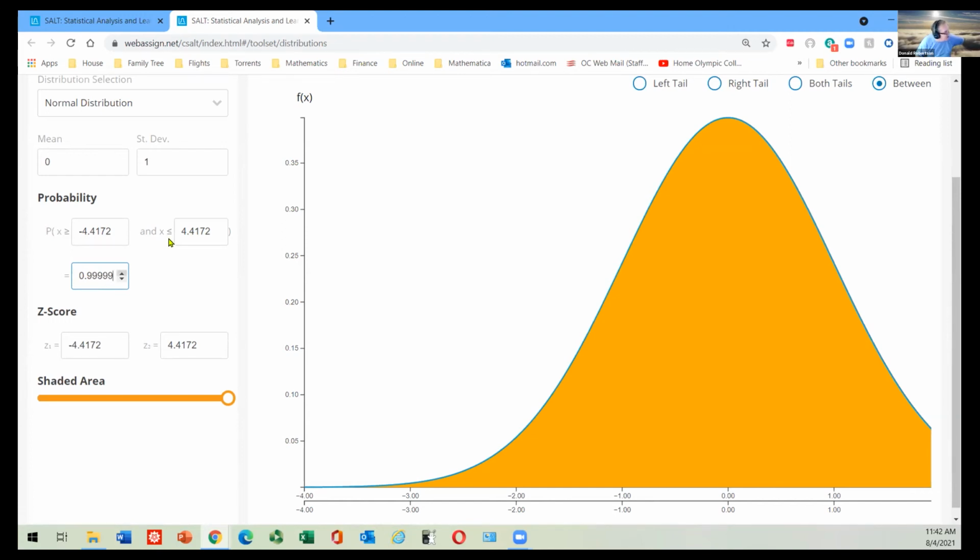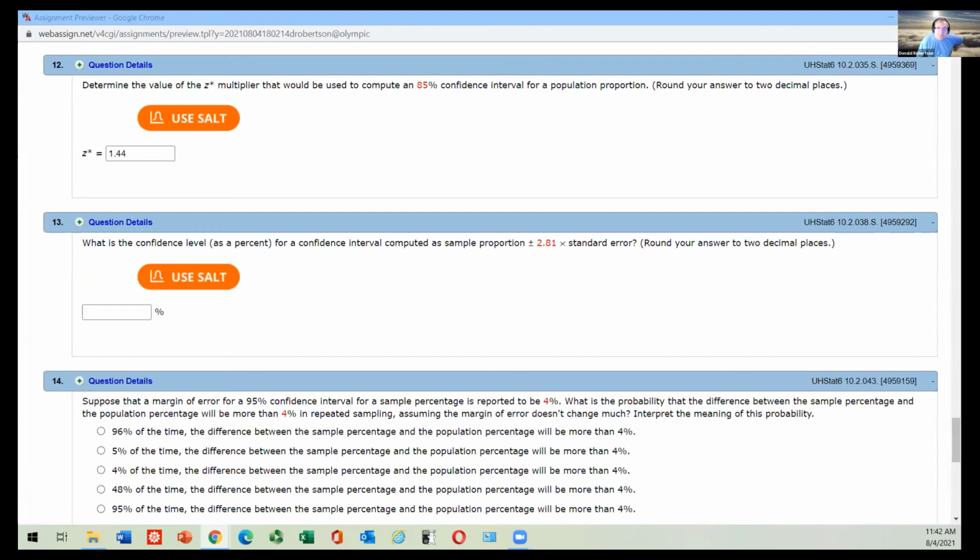That would use a magic Z score of 4.417. Are we comfortable now how you can find the magic Z scores for any unusual confidence interval value? Are we good with that?